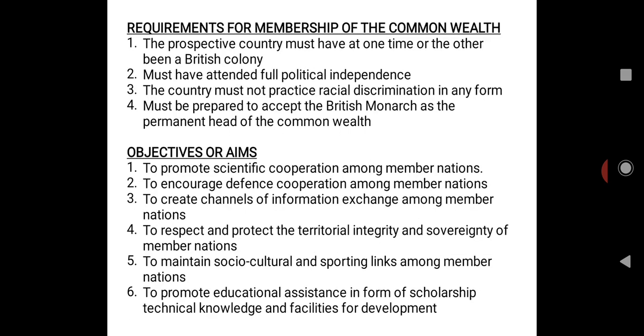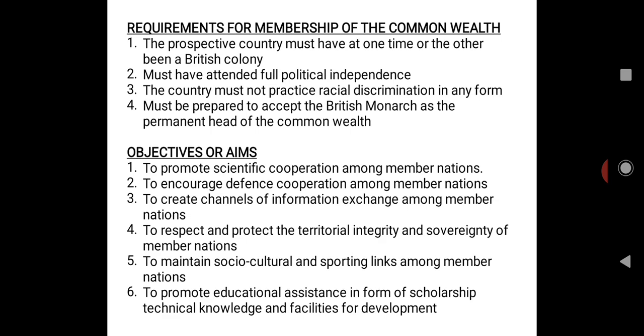Now, let's look at the conditions or requirements for membership of the Commonwealth of Nations. That is, before you become a member, what and what is expected of you? Number one, conditions.